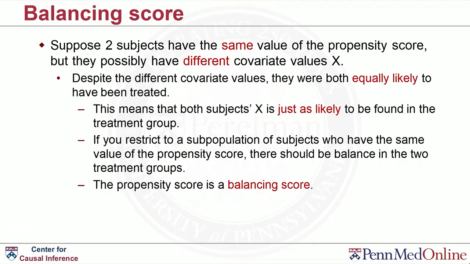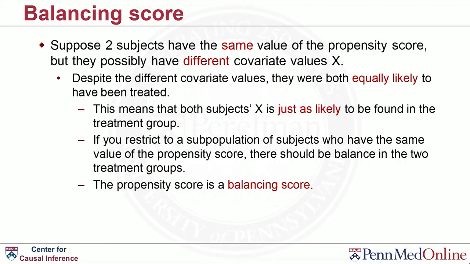Then a given person's set of x's is just as likely to be found in the treatment group as the other person's set of x's, because they both have the same probability of getting treatment. So we would expect to find those x's in the treatment group at about the same rate.